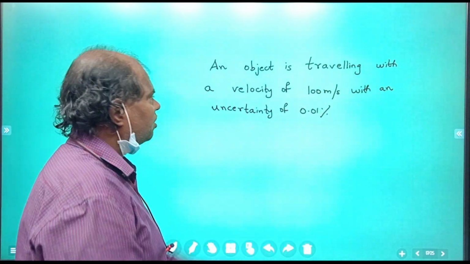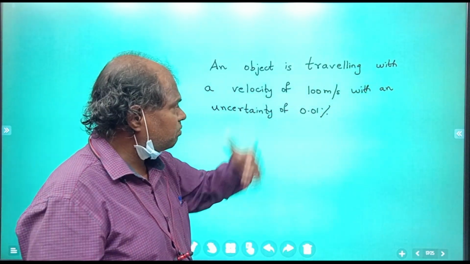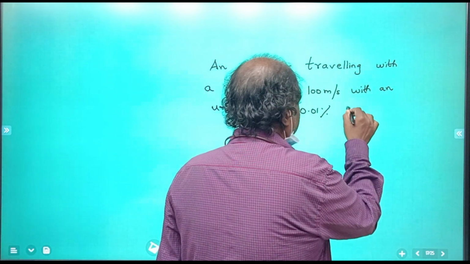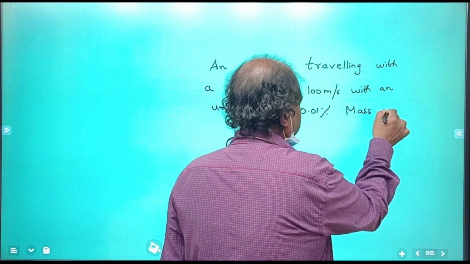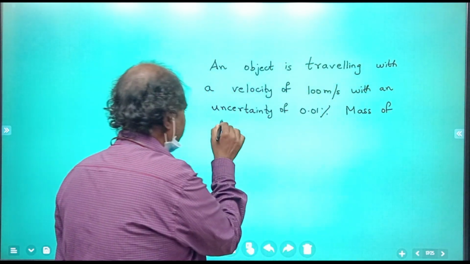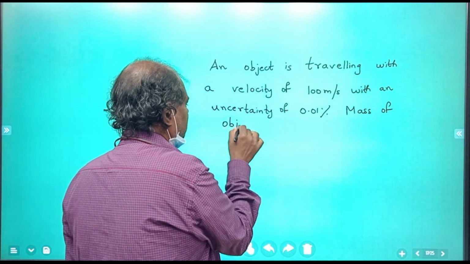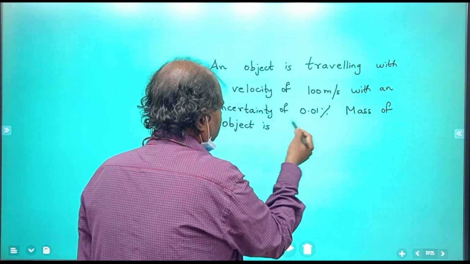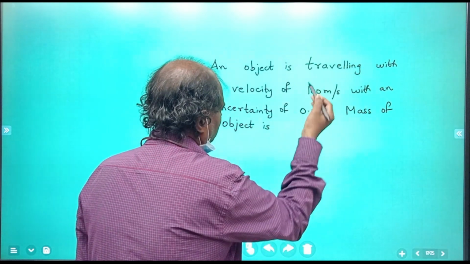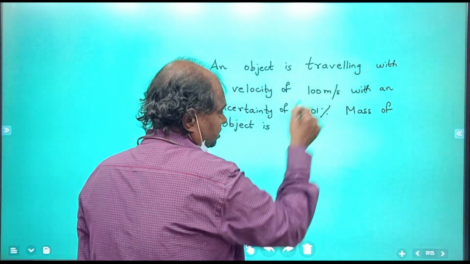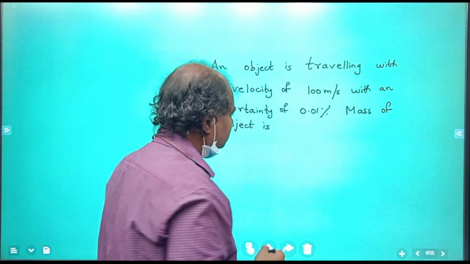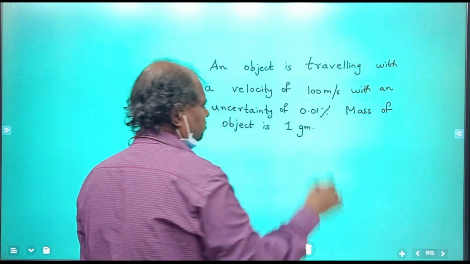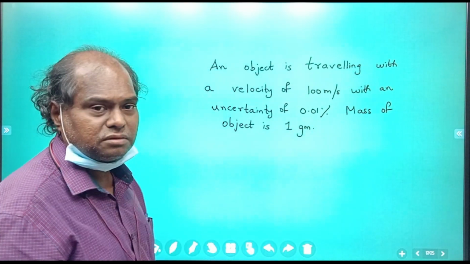So what is the uncertainty in velocity? Velocity 0.01%. The mass of the object, I'll give you. It's moving at such a high speed, 100 meter per second. Let us take the mass of the object as 1 gram. Very small object, clear?